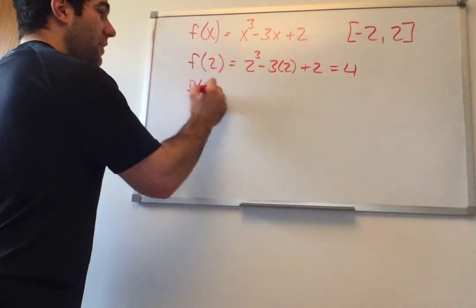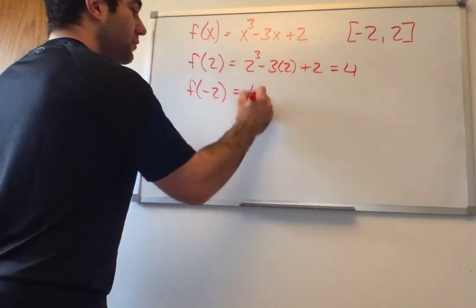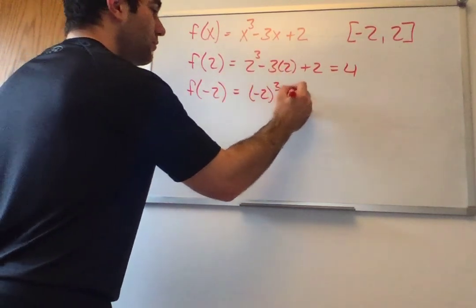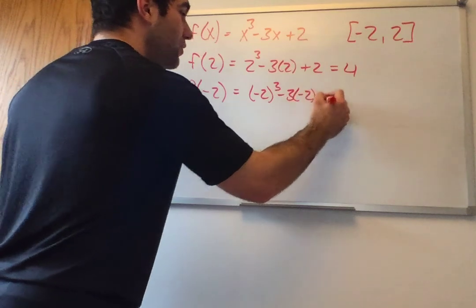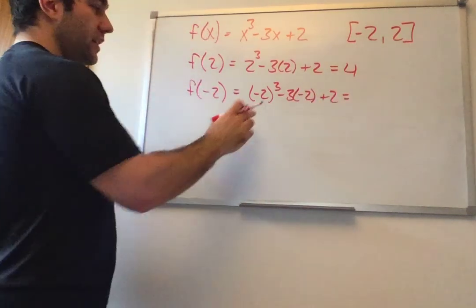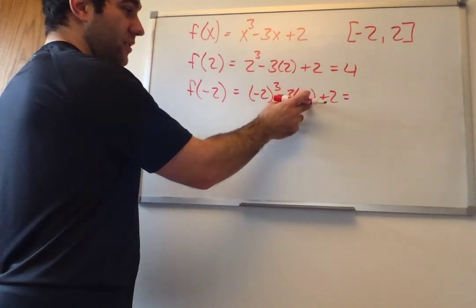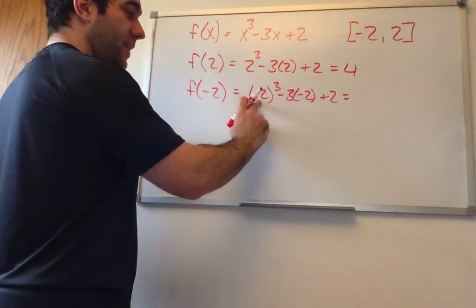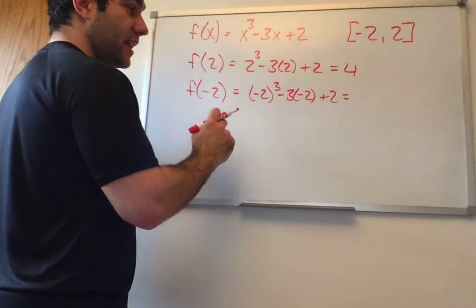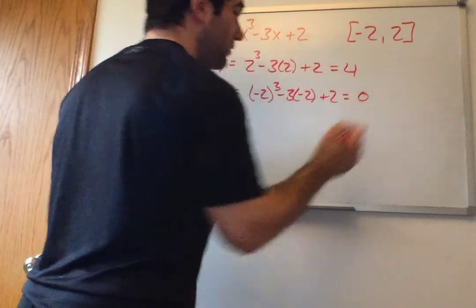So now we've got f of negative 2, which is negative 2 cubed minus 3 times negative 2 plus 2. See, this is negative 8. This right here is plus 6. Negative 8 plus 6 is negative 2, plus 2 is 0.